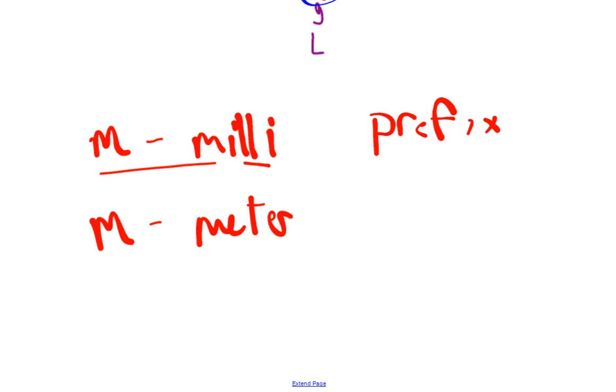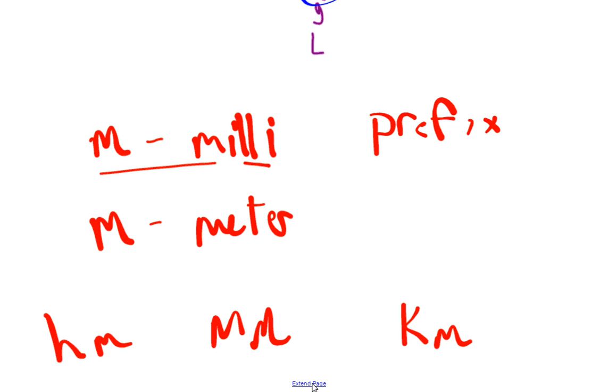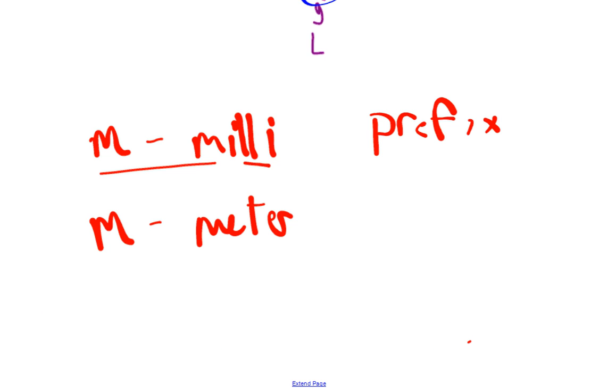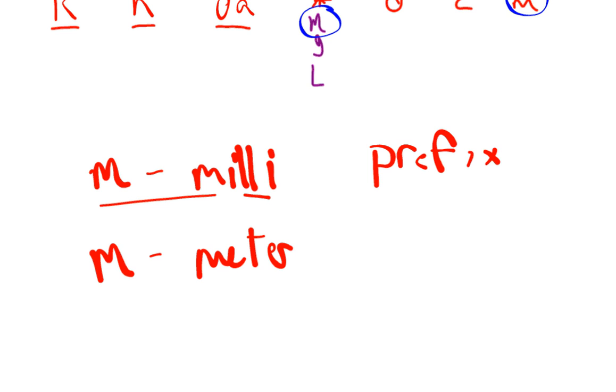Meter can stand alone, or it can be prefixed like this: millimeter, or kilometer, or hectometer, or so forth. But there is no such thing as just milli. It has to be a milliliter, or a milligram, or a millimeter. It has to be a milli something. And so make sure you are not confused there.